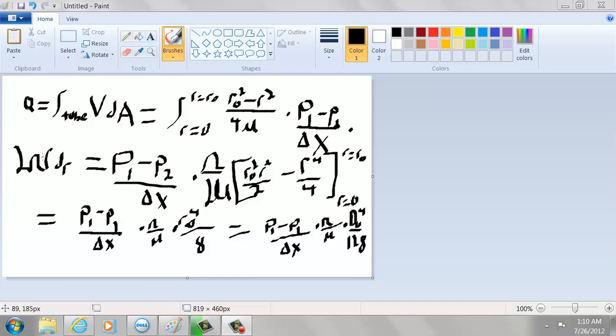This, in turn, is equal to the pressure gradient multiplied by pi over 2 mu multiplied by the difference of r naught squared times r squared over 2 minus r to the fourth over 4, which in turn is equal to the pressure gradient multiplied by pi over mu multiplied by r naught to the fourth over 8, which finally equals the pressure gradient multiplied by pi over mu multiplied by the diameter to the fourth over 128.